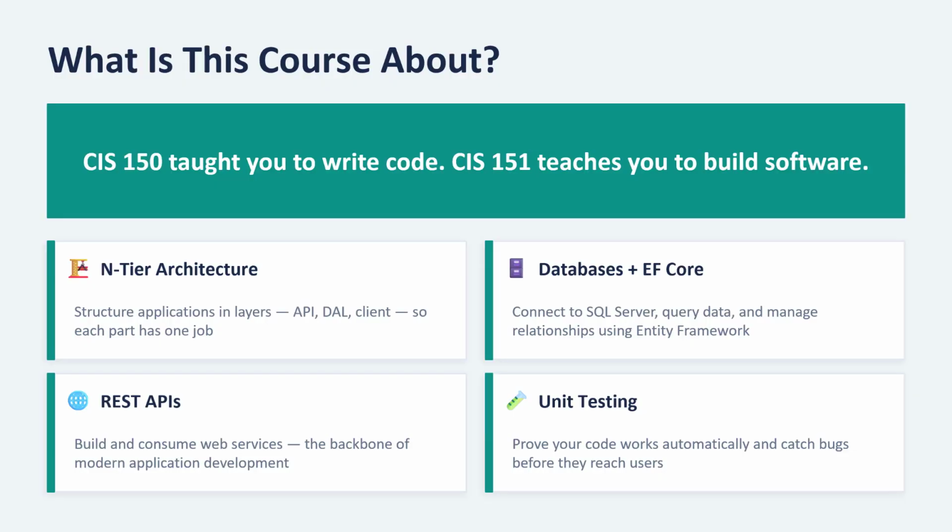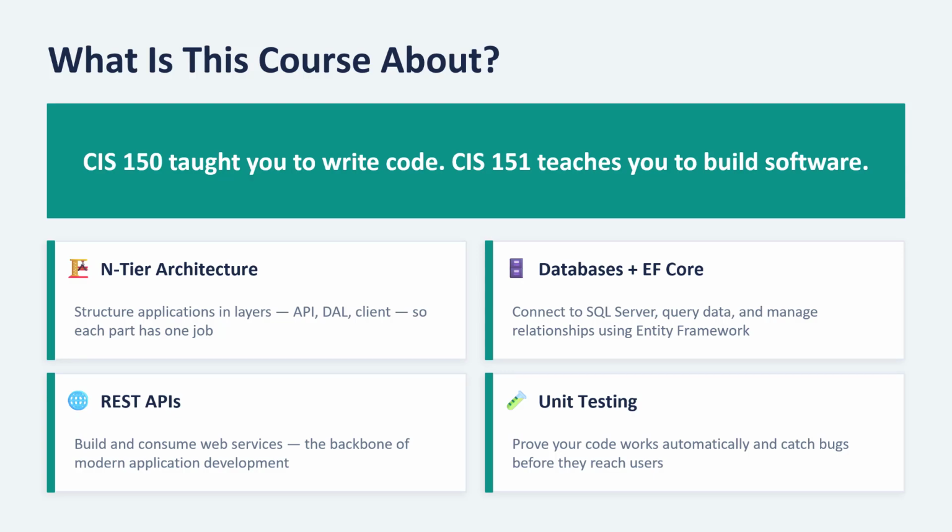A one-sentence version of the difference between CIS 150 and 151 is that CIS 150 taught you how to write code, and 151 is going to teach you to build software. And I mentioned that earlier, so what's the difference? In 150, you wrote methods, worked with loops and arrays, maybe built some console apps or small GUI-based forms.